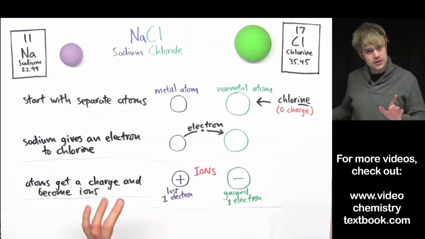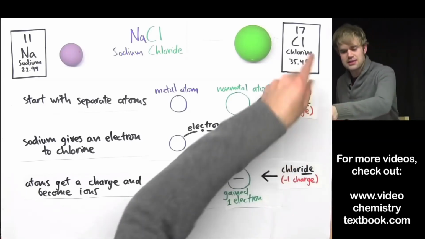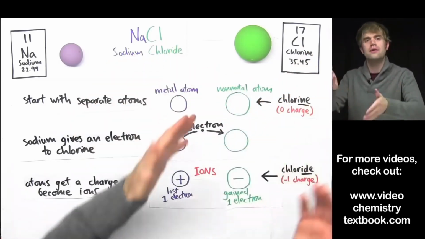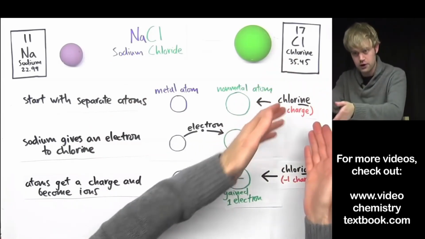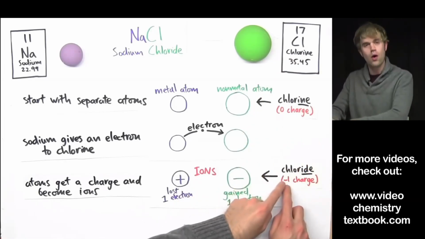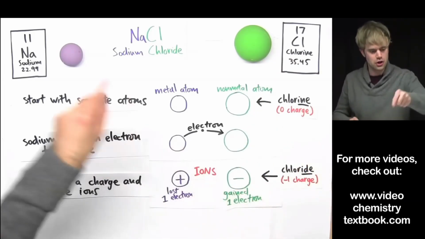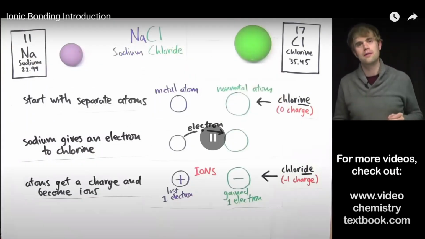And now we change its name just a little bit. We call it chloride. So it's the same atom, chlorine and chloride. Chlorine is the version with a neutral, zero charge, and chloride is the version that has a 1- charge. And it got that 1- charge because sodium gave one of its electrons to chlorine.